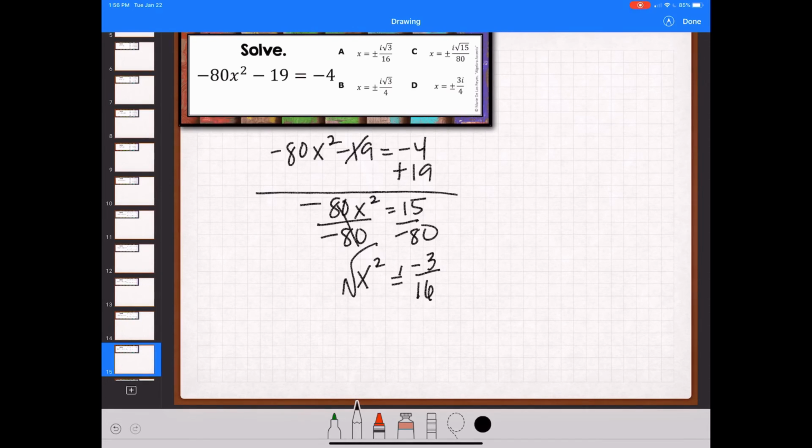Now I'm going to take these square roots. The numerator, the radical has a negative, so I'm going to factor out the i, so that's i radical 3 for the numerator, and for my denominator, radical 16 is the same thing as 4, so x equals positive and negative i radical 3 over 4.